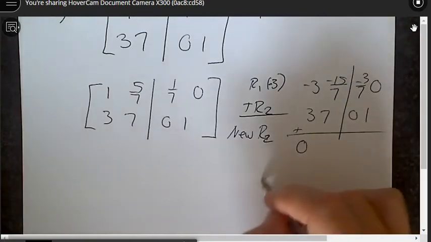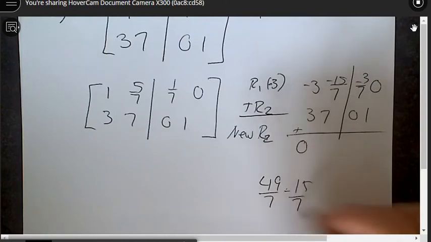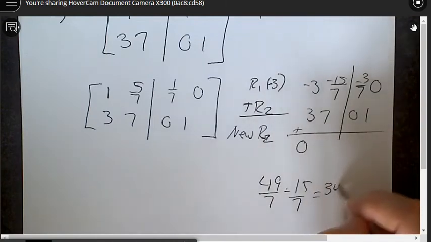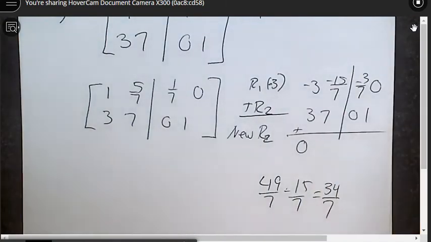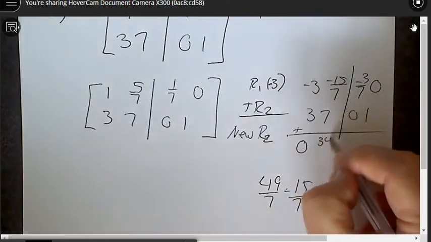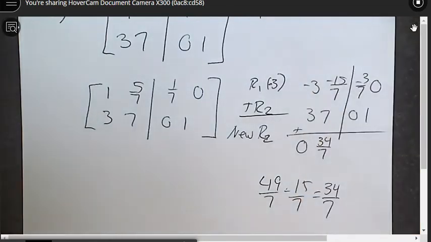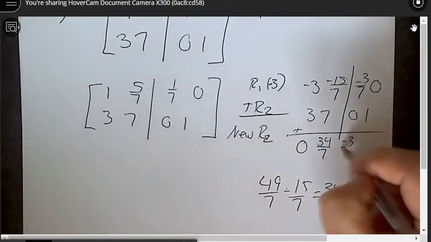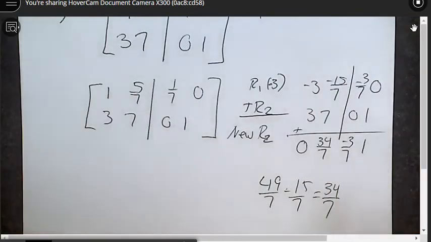Well, that's going to be 49 over 7 minus 15 over 7. I could have made this a little easier on us. That is 34 over 7. That will be -3/7, and that will be 1. Okay, so that part's not too bad.